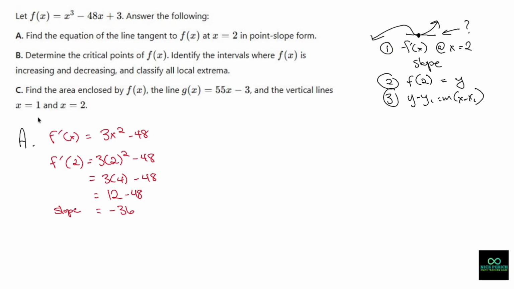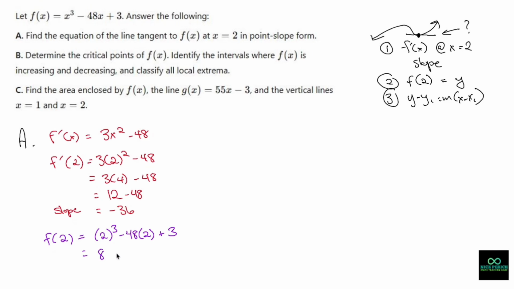Now point slope form, we found our slope. Now I need to find our point. Our point, we have half of it, x equals 2. I need the y value, so let's plug in 2 into this original problem. So f of 2 is going to be 2 to the 3rd power minus 48 times 2 plus 3.